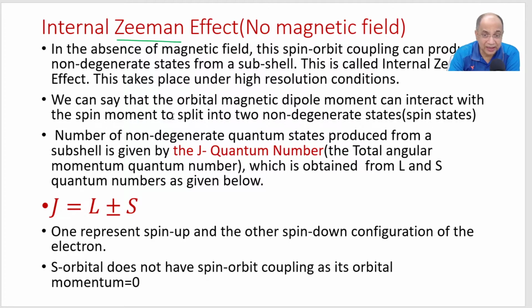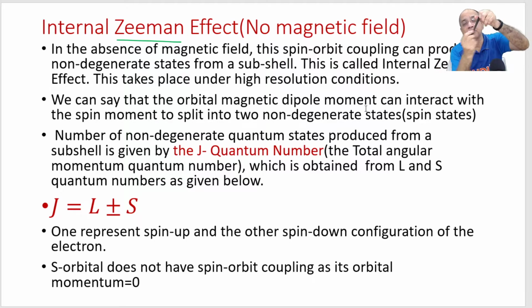We can say that the orbital magnetic dipole moment, the internal magnetic field, will interact with the spin magnetic moment to split into two non-degenerate quantum states, one with spin up, the other with spin down. That is the quantum state of the orbital.